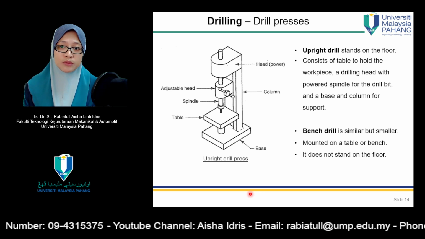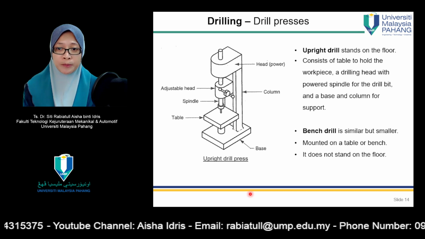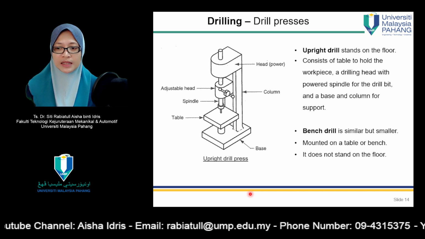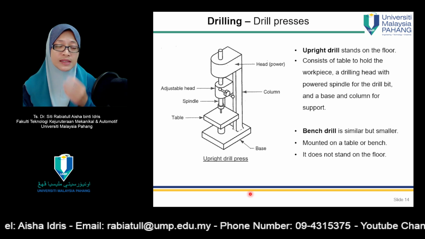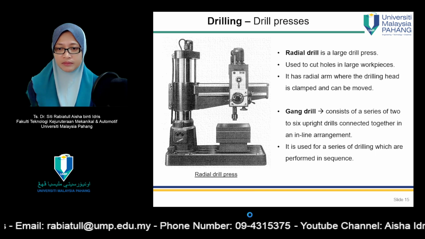Meanwhile, there's also another type of machine which is called a bench drill. It is more or less the same design, but slightly smaller, and mounted on a table or bench. It does not stand on the floor because it stays on a bench. That's why they call it a bench drill.